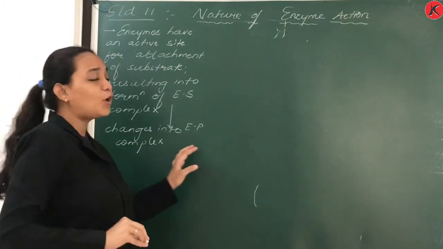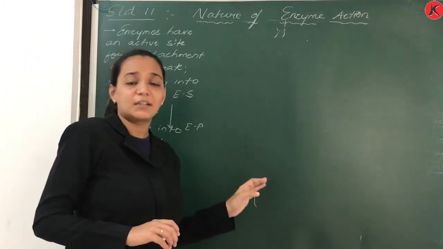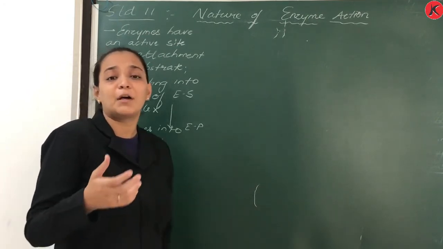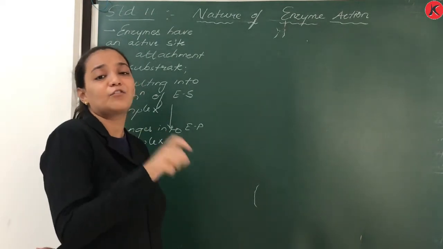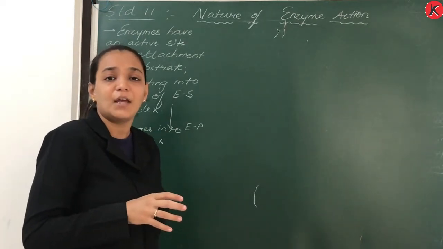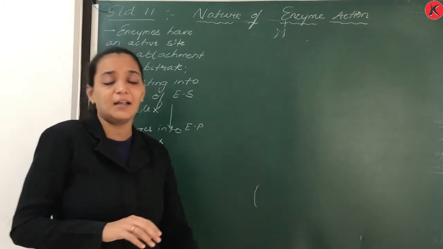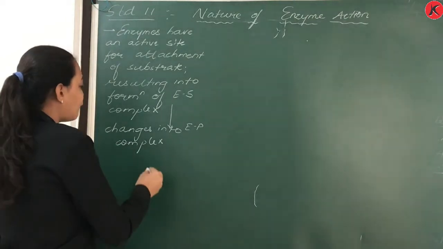The newly formed product will not be able to remain attached to the active site of the enzyme. Once the product has been formed, it cannot remain attached to that active site. Therefore, the product gets separated, and we again get the enzyme in the original form.